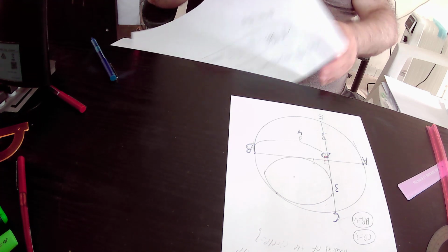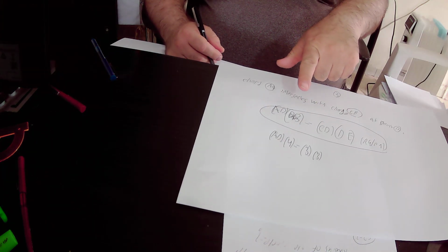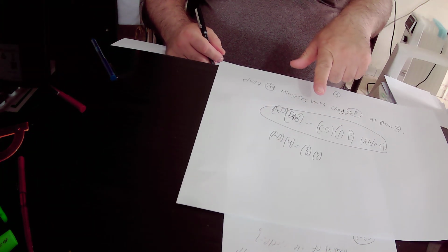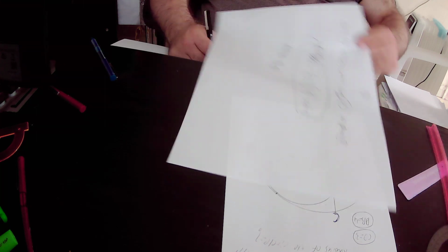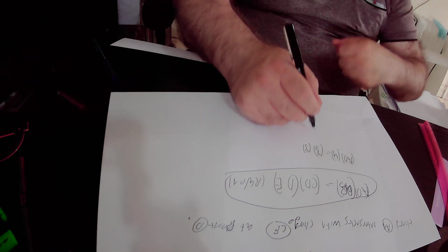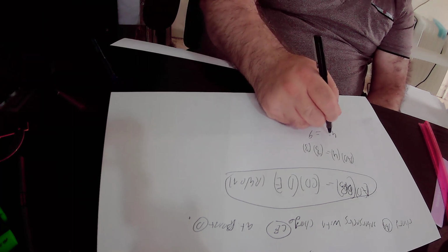So here we found that AD times 4 equals 3 times 3. 3 times 3 is 9, so I'll write it down. So here 9 equals 4 times AD.